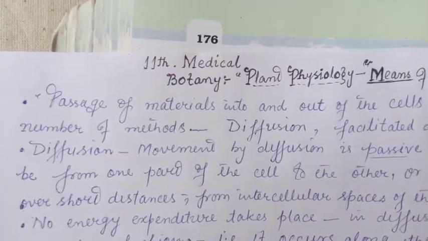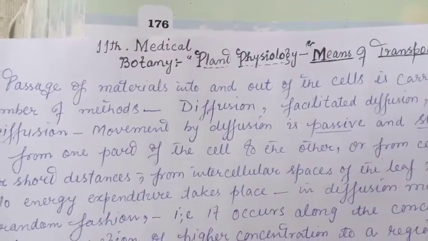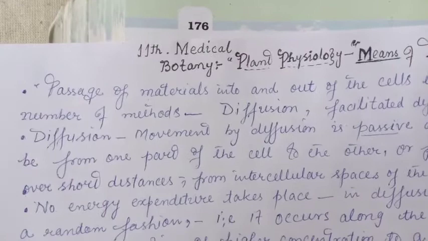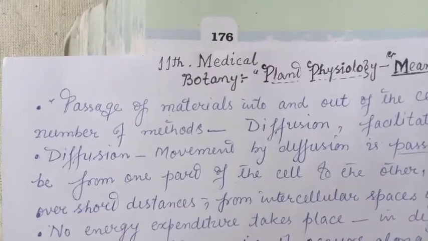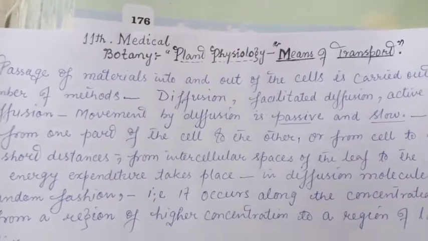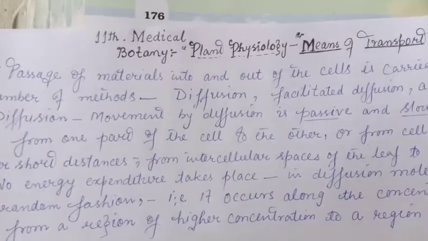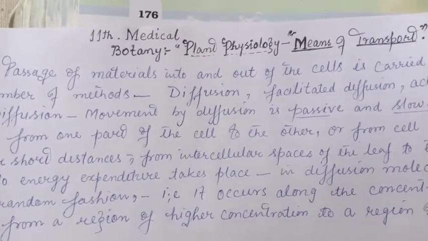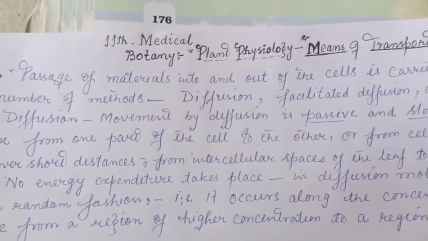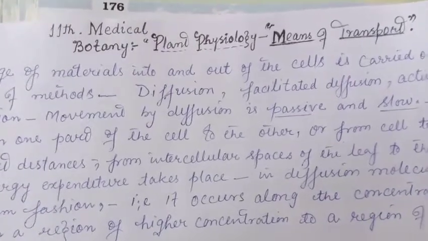Now today we will take up the means of transport, that is, the passage of materials into and out of the cells, which is carried out by a number of methods. Different materials need to be carried in and out of the cells, and this is performed by different methods.